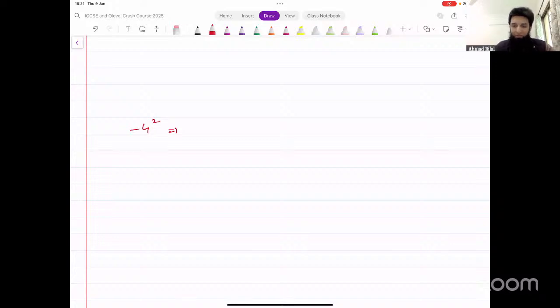Compare that with minus 4 whole squared. These are two different things. Yes, that's good. So minus and square, which has the higher priority? The square. So square will be evaluated first. You'll have 16, and then you have the minus put with that.